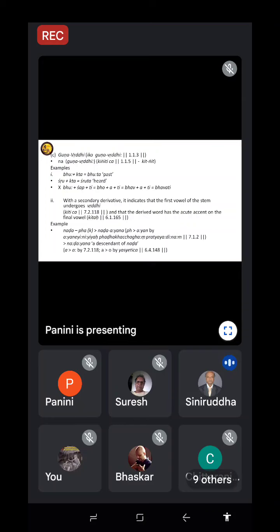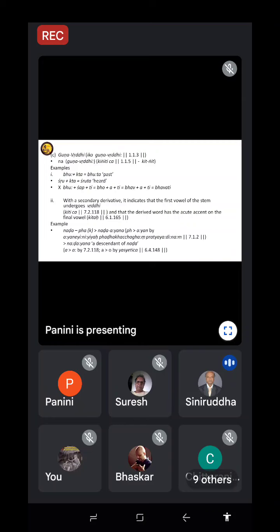Now this guna vriddhi does not apply if the pratyaya is kit, kniti. So in bhukta, ikta, because the ka is kit, there is no guna.